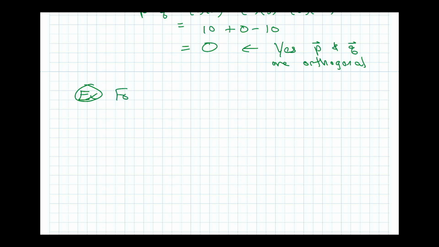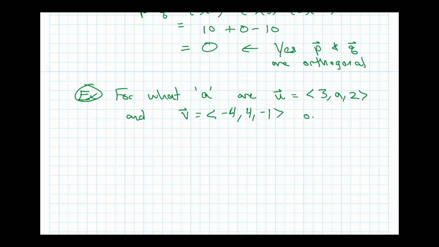So they say something like, for what A are u, which is the vector (3, A, 2), and v, which is the vector (-4, 5, -1), orthogonal?